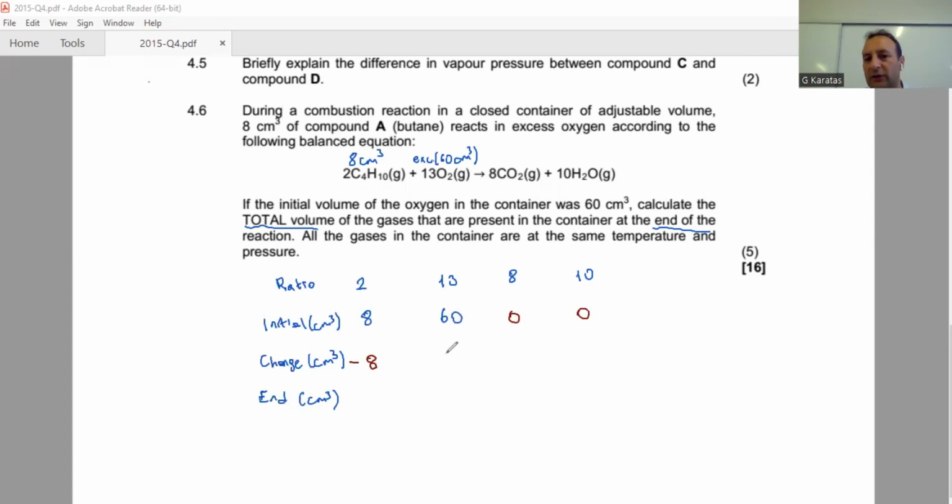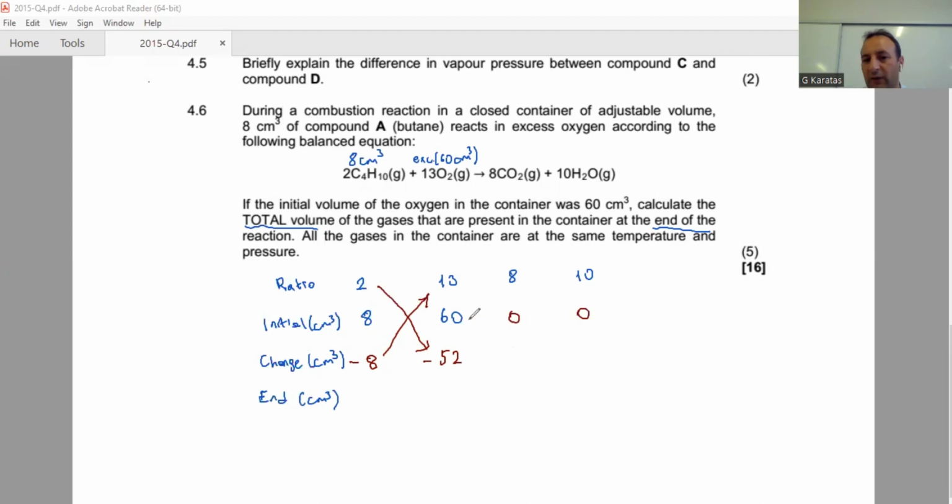Then how much oxygen is required? To do that, we multiply 8 by 13, the ratio of O2, and divide it by its own ratio. So 8 times 13 divided by 2 gives me 52 cm³. But here we place a minus sign because it's a reactant and will be consumed.